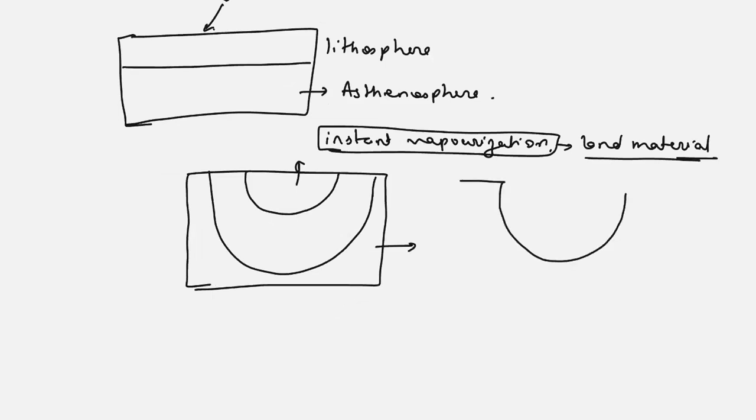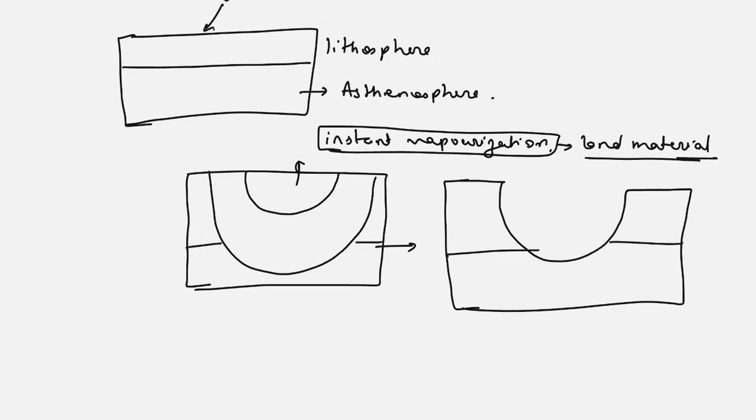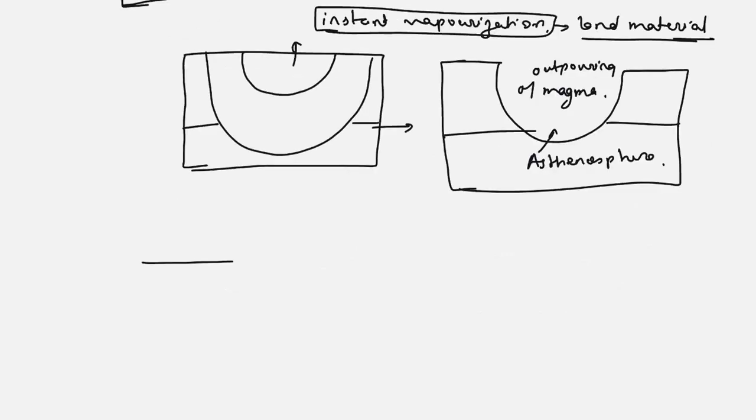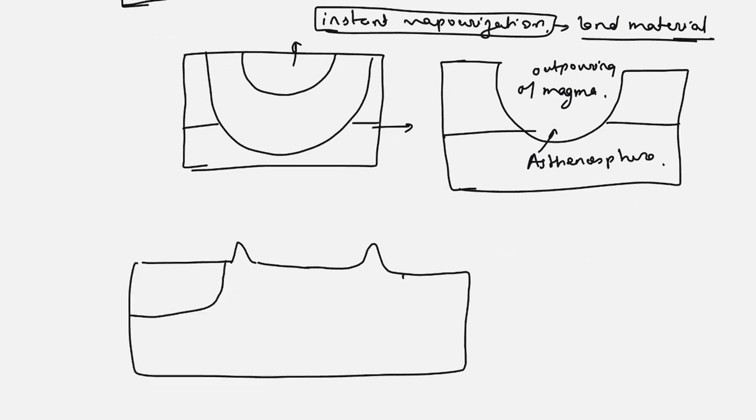But as this region also consists of a certain part of the asthenosphere, there will be outpouring of magma. Because of the outpouring of magma, this will result in the emplacement of certain magma in this region.